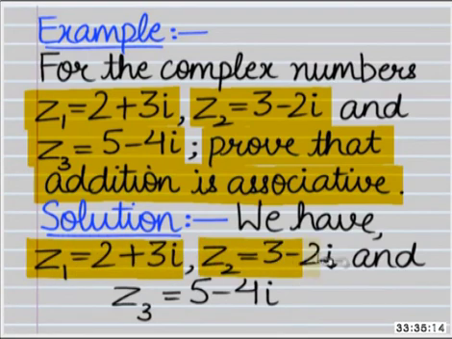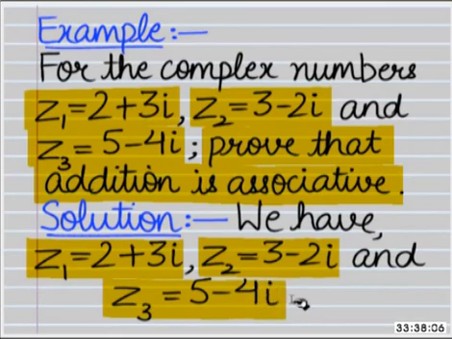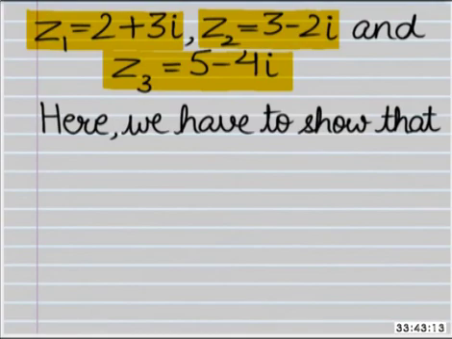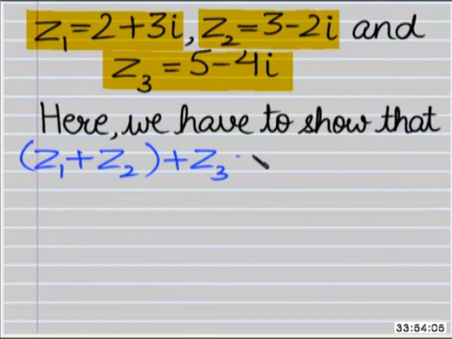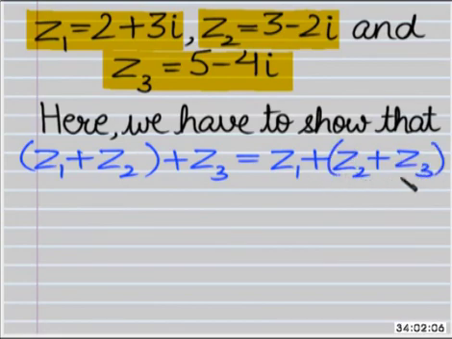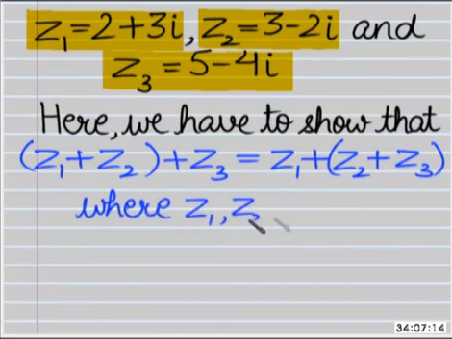We have to prove that addition of these three complex numbers is associative. That is, here we have to show that Z1 plus Z2 whole added to Z3 is equal to Z1 whole added to Z2 plus Z3, where Z1, Z2 and Z3 belong to the set of complex numbers.